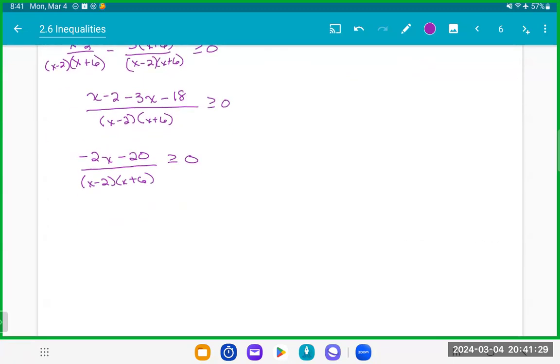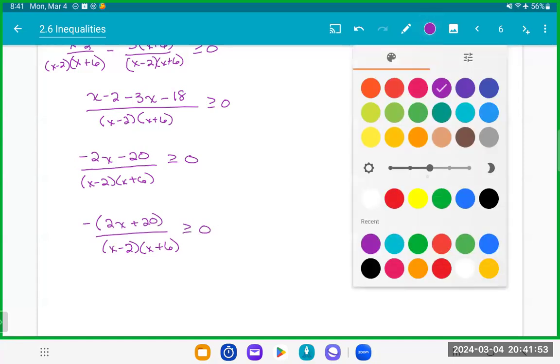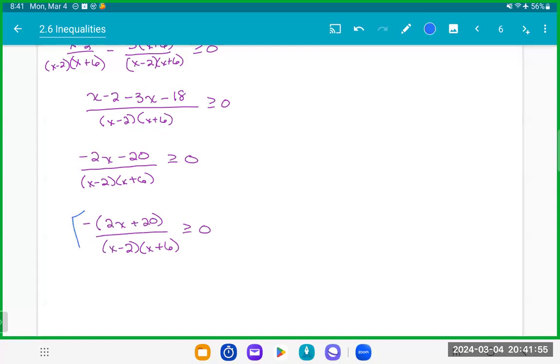Now we can factor this negative out of the numerator. So we have negative, and then we have 2x plus 20. And I'm doing this because I want to show you guys just a reminder of some of the rules of inequalities. So now I want to multiply both sides by -1 to get rid of this -1 here, okay?